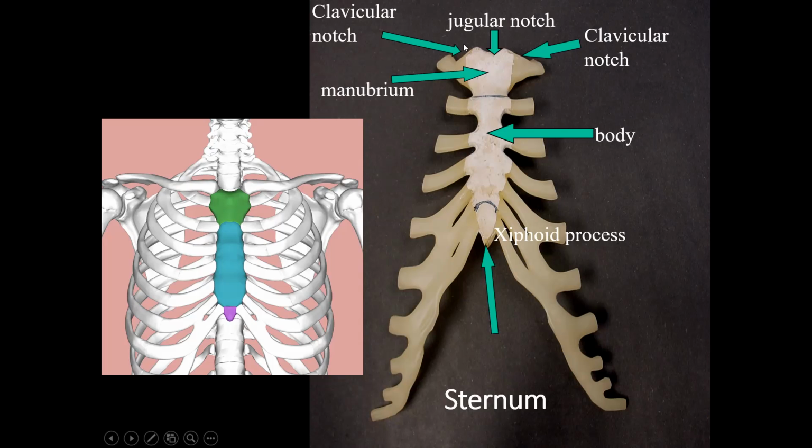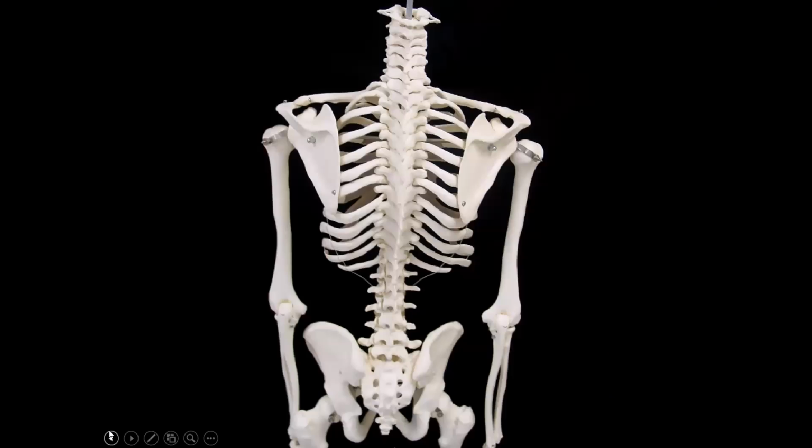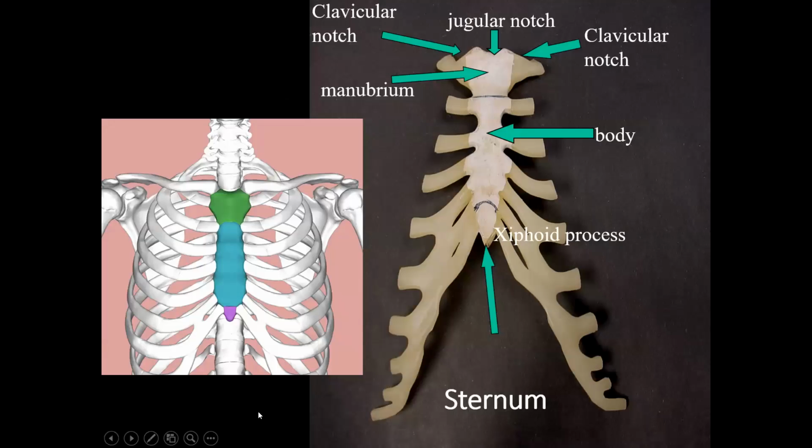So we have this notch on each side of the manubrium for the two clavicles, our collarbones, to come together. They're at the top of the sternum. And there's another notch right behind it. You can sort of even feel that one, where the jugular veins run behind the manubrium. So those are the parts of the sternum.